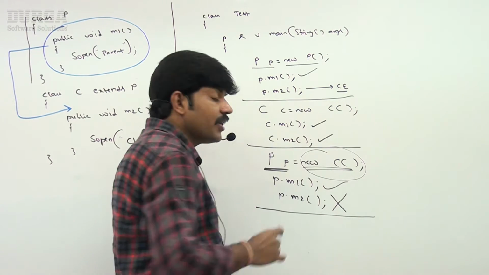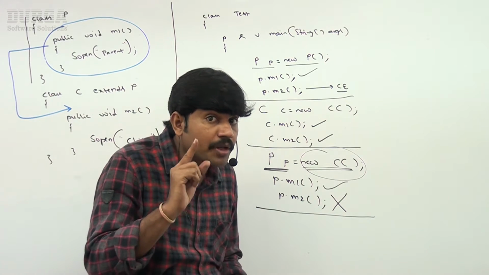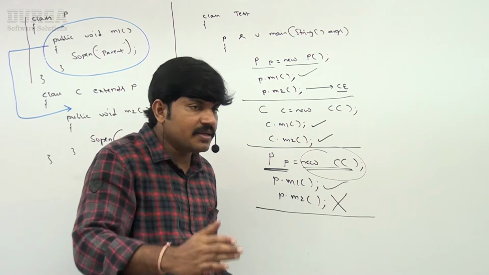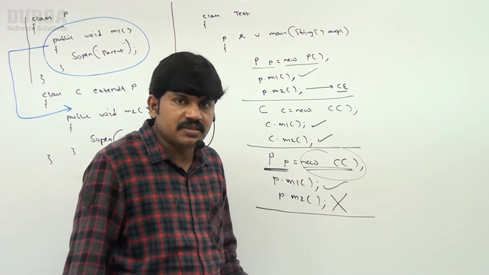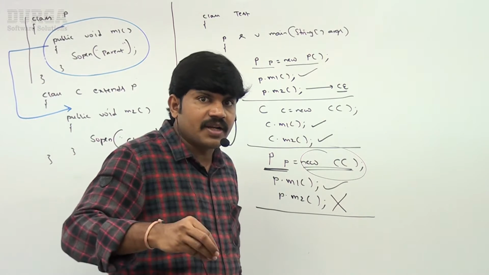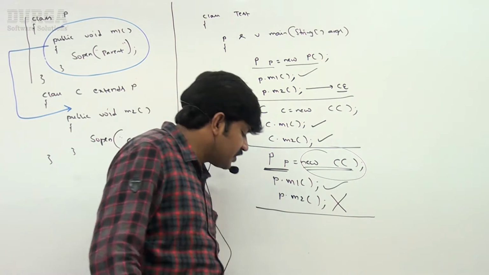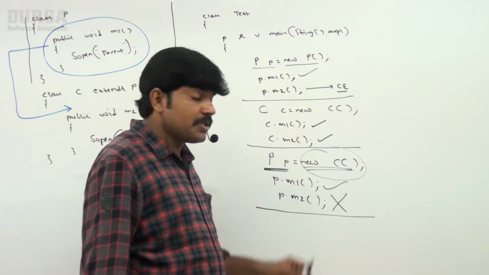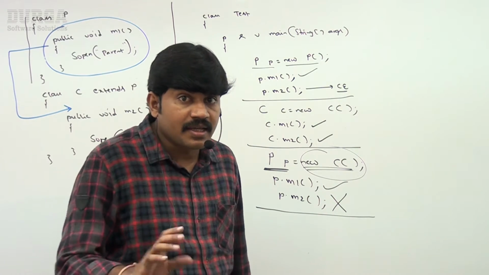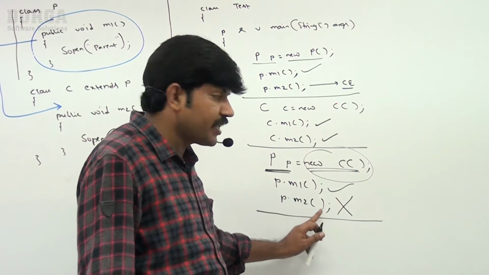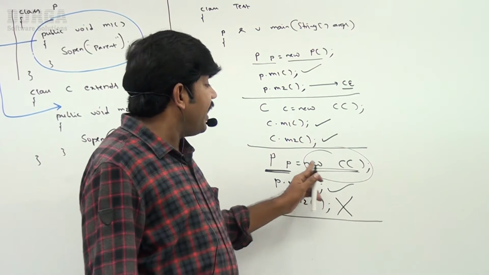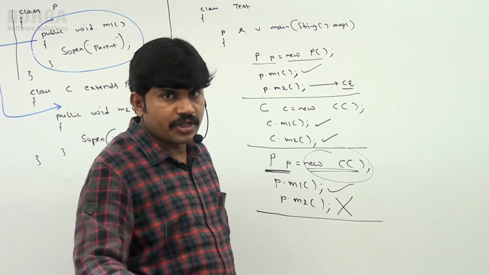Immediately we are going to get an error, sir. So, very important point: a parent reference can be used to hold a child class object, but by using that reference, we can't call child specific methods. By mistake, if you try to call a child specific method, immediately you are going to get an error. Everyone able to understand, right? So then what is the advantage? Polymorphism advantage is there.